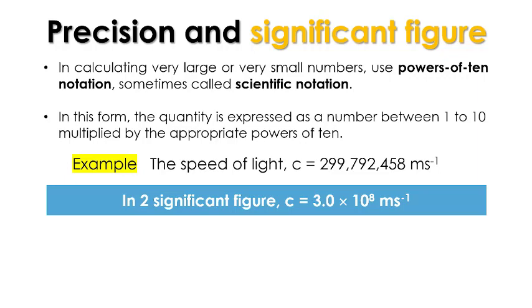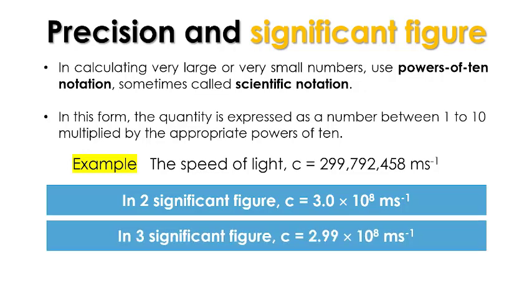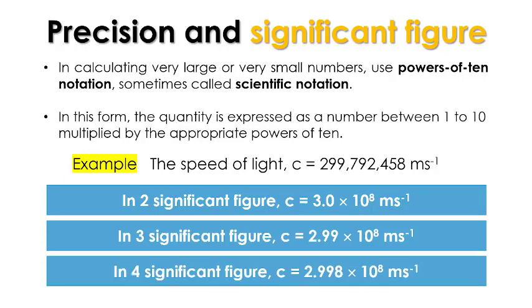In two significant figures, c equals 3 times 10 to the power of 8 meters per second. In three significant figures, c equals 2.99 times 10 to the power of 8 meters per second. And in four significant figures, c equals 2.998 times 10 to the power of 8 meters per second.